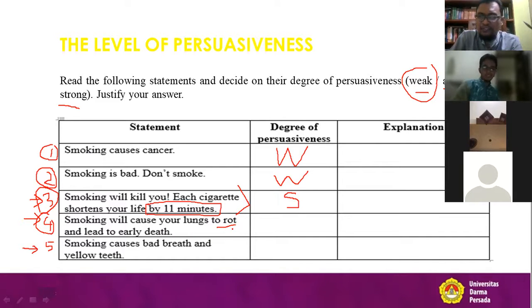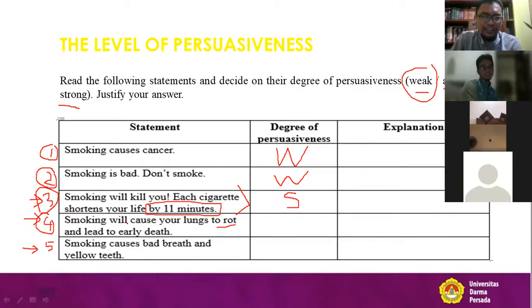What is the meaning of rot? Rotten, like broken, busuk, rusak. Yes, broken. If you smoke, you're going to destroy your lungs, because you're going to have lung cancer, something like that, and it can lead to early death.